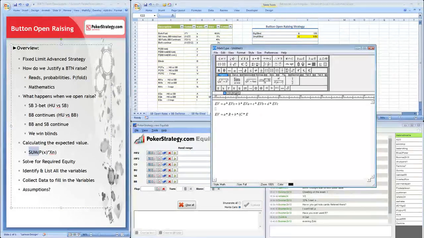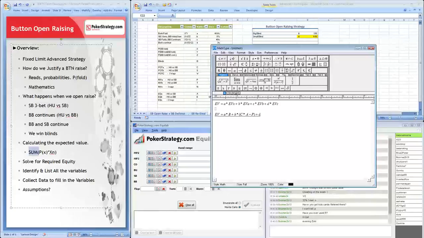C multiplied by E. And to that, we're going to subtract our investment. This is our cost of playing the hand. So we want to know the expected value of playing the hand against a small blind, which is going to be equal to the pot size multiplied by our probability of winning the pot minus our investment. In this case, our investment is signified by the letter P. And I've tried to write it out here in simple small words.